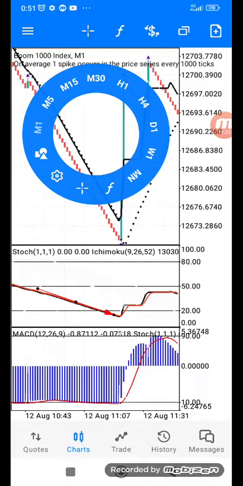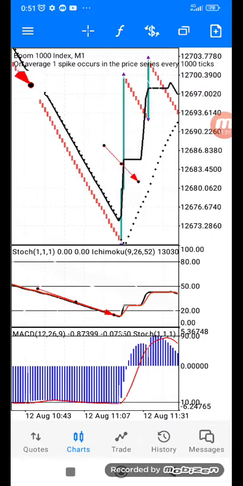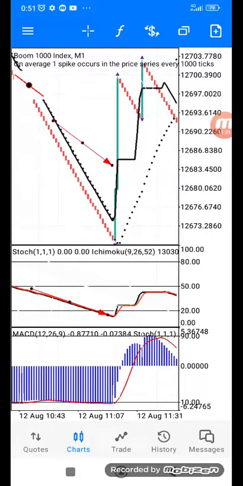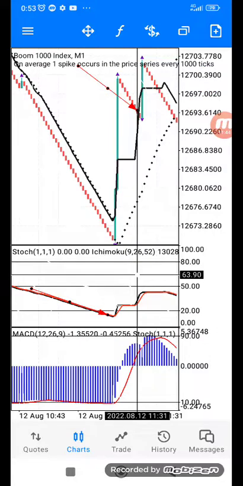Now, here on our main chart, we have a spike. There is a spike up here, and bearish bar retraces back to this level to touch our Ishimoku line, and spike happens. So spike happens immediately.